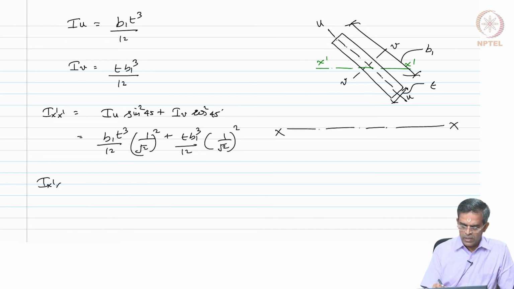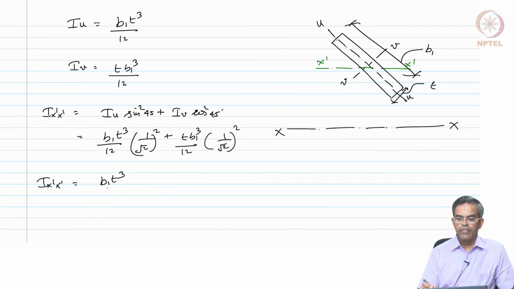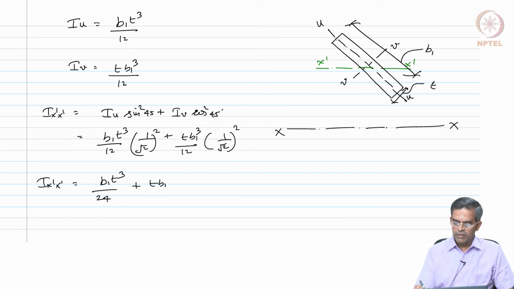So, IX dash X dash will be B1 T cube by 24 plus TB1 cube by 24. So, now IXX will be IX dash X dash plus AK square.